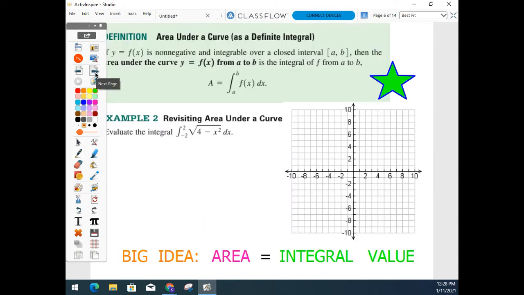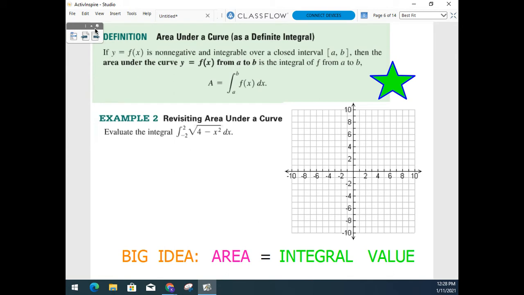Okay, so the definition's important. The area, notice I have a star. The area under a curve as a definite integral. They really want you to connect area and integral, okay?